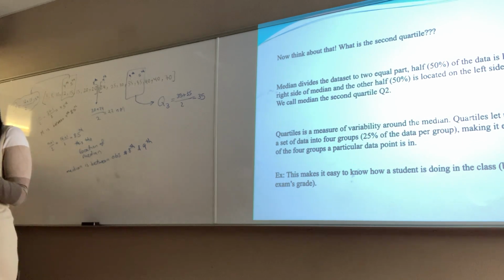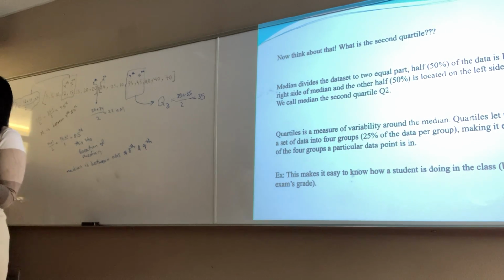And then on the right side of median, to Q3, we have 25% of observations. On the left side of median, to Q1, we have 25% of observations. So you see, there are 4 equal parts, right?